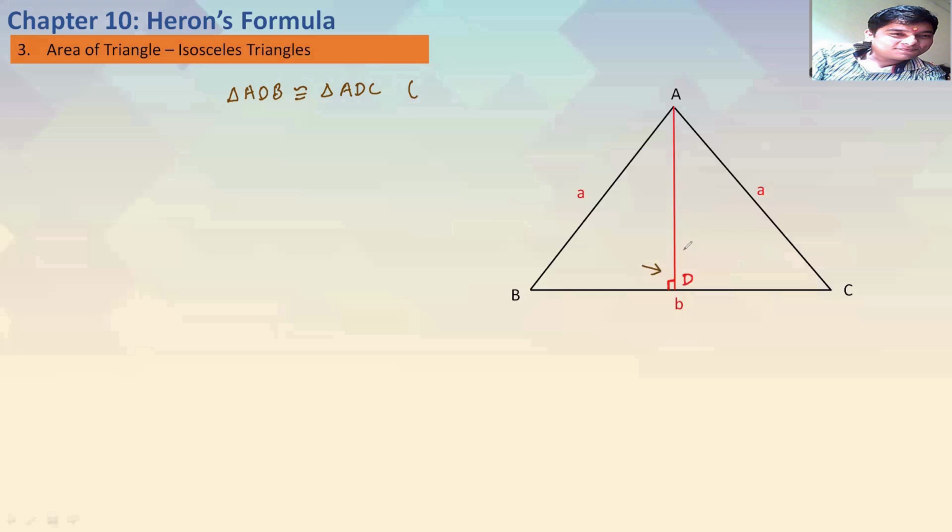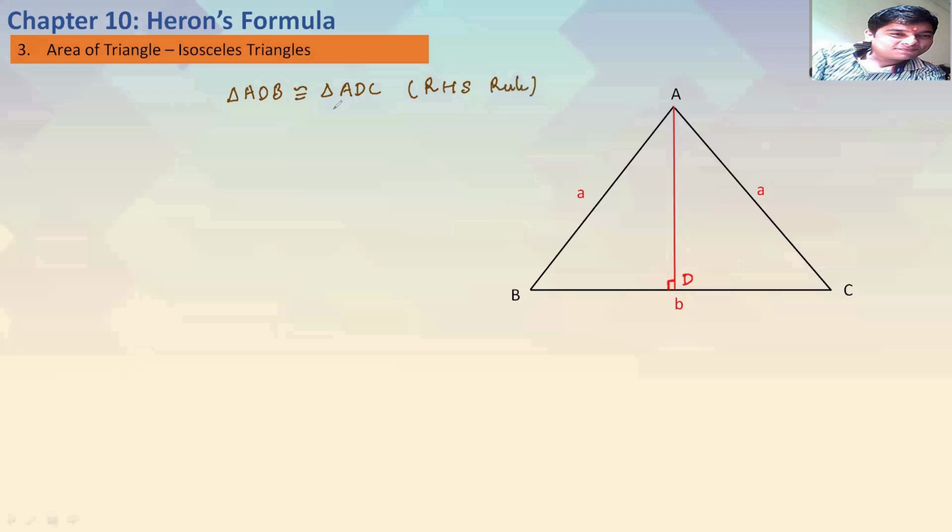How is it SSS? AB and AC are equal, AD is common, but BD and CD are not given, so it has to be RHS, right? Right angle, hypotenuse, and side.